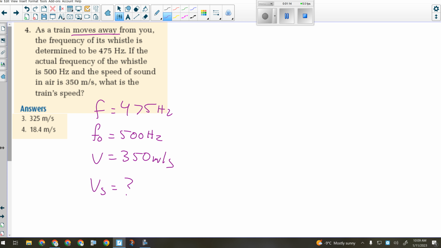So we're going to have F equals FO multiplied by V over V plus Vs. I'm looking for Vs. What should I move first? FO. Not that one, because that's F. So we divide both sides by FO, so now that's gone.